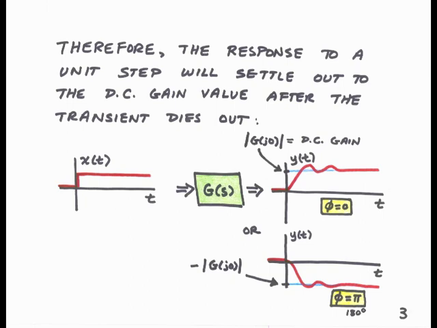It's just the magnitude of b0 over a0, where b0 and a0 are coefficients in the numerator and denominator polynomials. And finally, that the response to a unit step will have a magnitude that is equal to the DC gain.